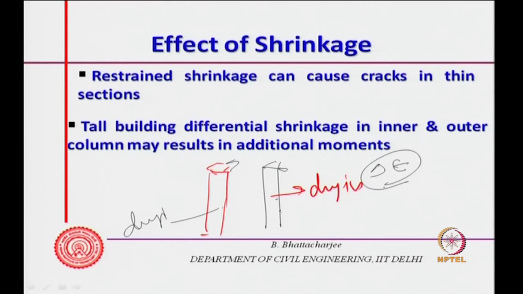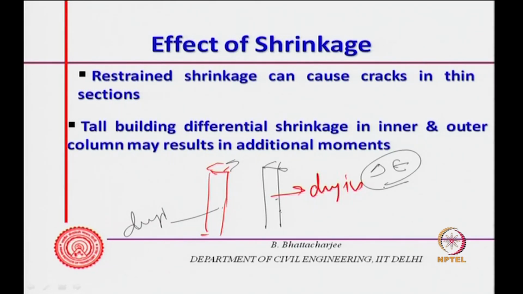Internal columns were highly loaded, whereas external columns were less loaded. So in tall buildings, because of loading the creep effect comes in, but external columns may be drying differently than the internal columns, depending upon, of course, the climatic situation.